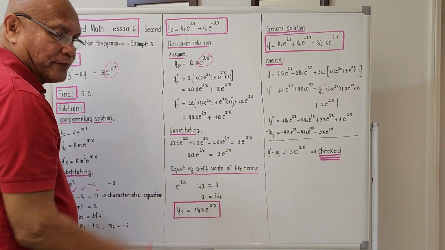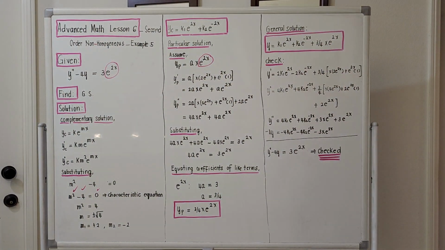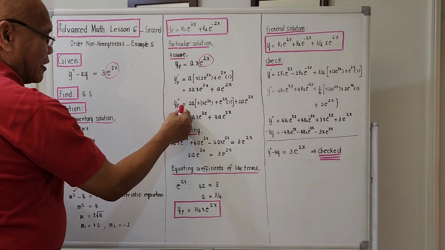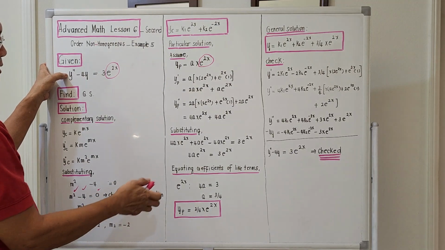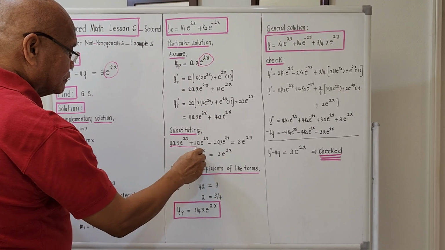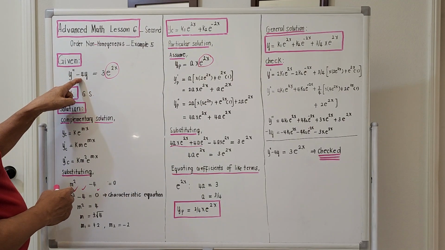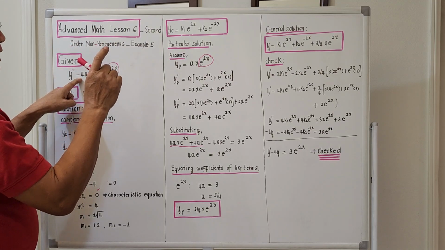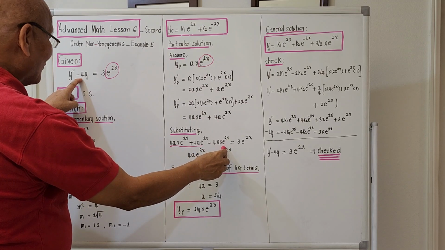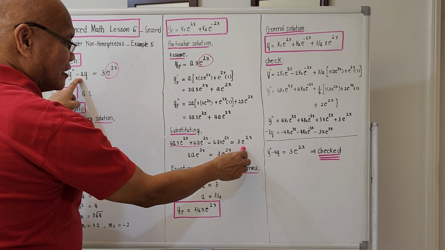Substituting. We will take the second derivative and substitute it here. So what will come out will be this one here. Minus 4 times the assumed value of the particular solution, that is, minus 4a x e to the 2x. We are following this. And this should be equal to 3e to the 2x.